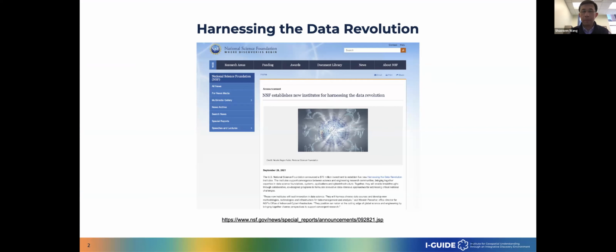A few years ago, in 2021, NSF announced 5 national institutes focused on harnessing the data revolution, and one of which is iGuide, with the initial $15 million for 5 years of funding. Now we are up and running for a year and a few more months.